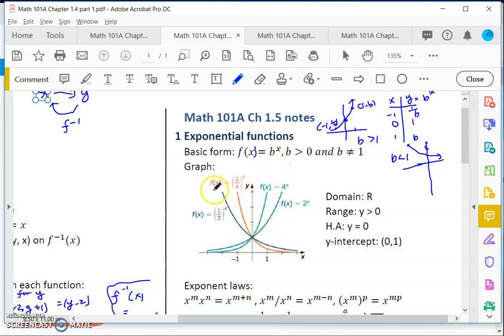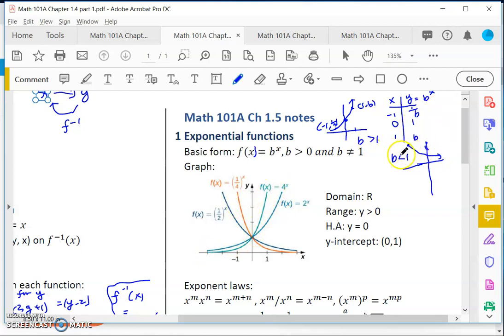The other one rises very steeply on the negative side and then drops down through 0, 1 to close to 0. When the base is a fraction less than 1, like 1/2, 1/4, the graph goes like this. So it's like a decay graph. And when b is a positive number greater than 1, then it grows exponentially. So that's how we graph the exponential function.